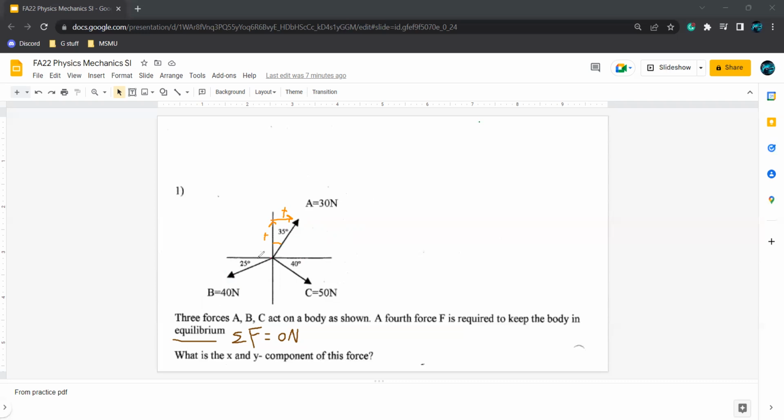For this angle, I have this going in the negative direction. Then this one goes in the negative direction too, right? Because for this grid, up is positive and this way is positive. It's just the normal one that we usually use. And then for this one, we have down, so that's negative, and we have sideways, so that's positive.